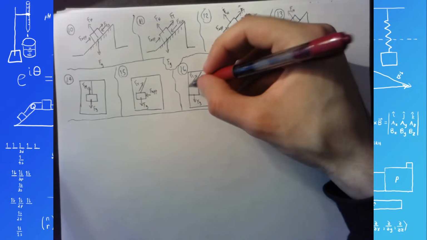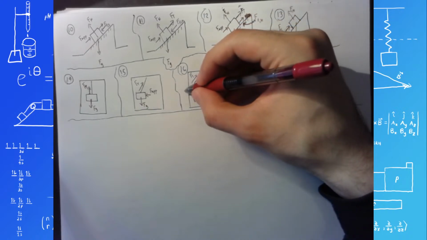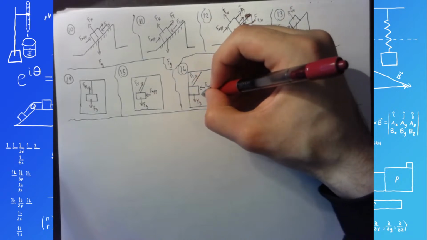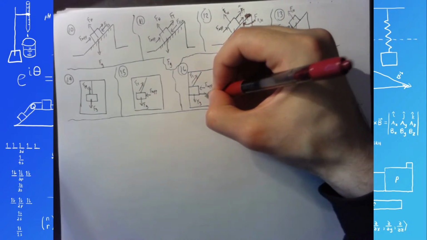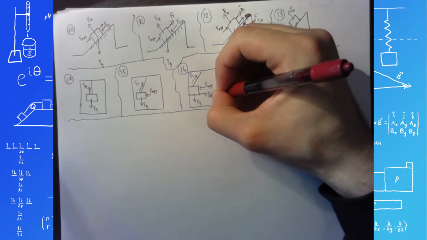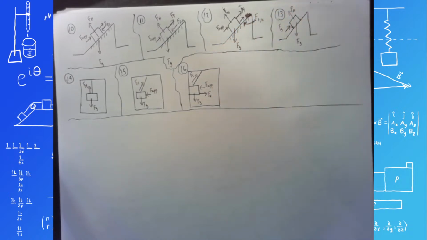That would have to be to the right. So normal force to the right. I'll draw it here. Normal force of the wall perpendicular to the wall and away from the wall, pushing back on the block.